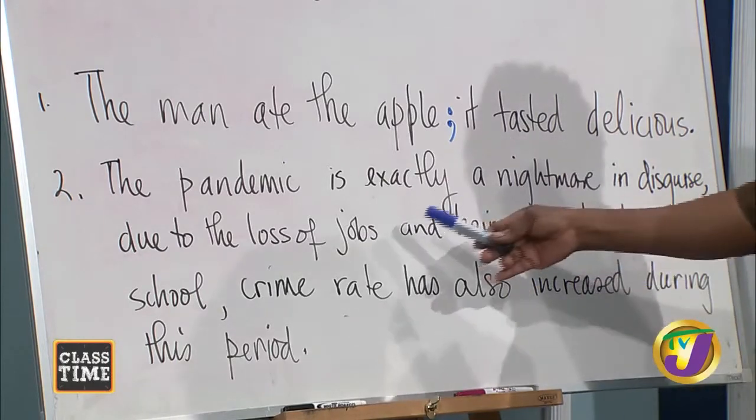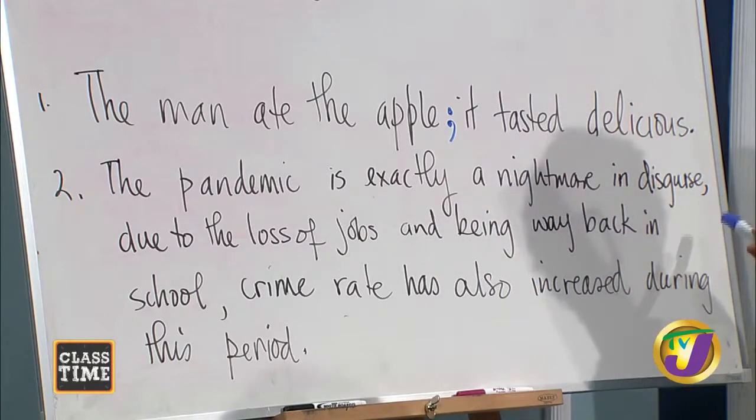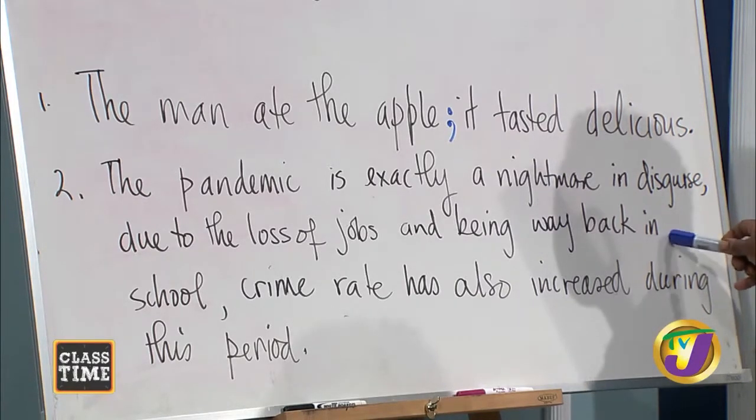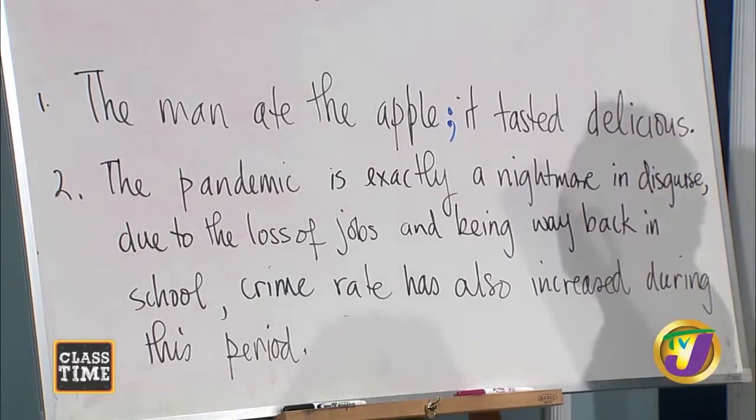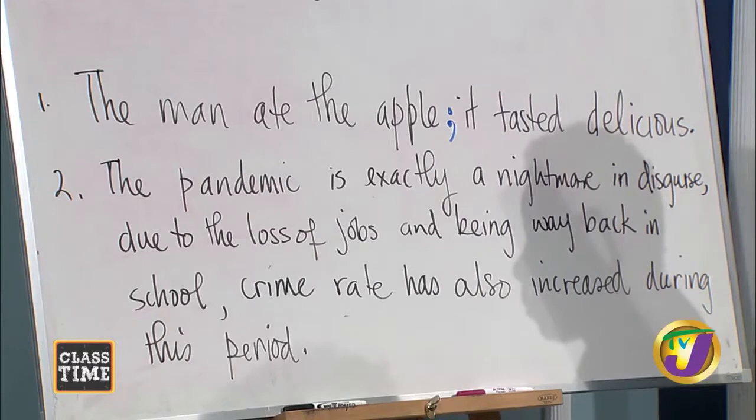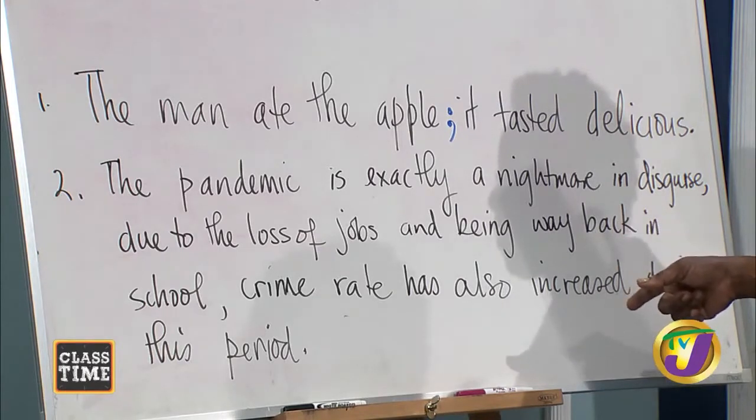The pandemic is exactly a nightmare in disguise due to the loss of jobs and being way back in school, crime rate has also increased during this period. So what is the rule, the critical point? I need to punctuate this.